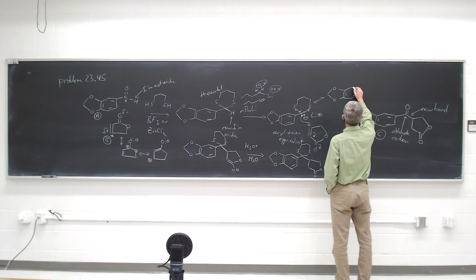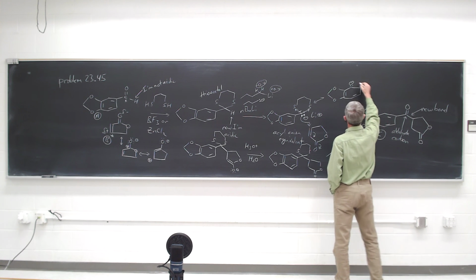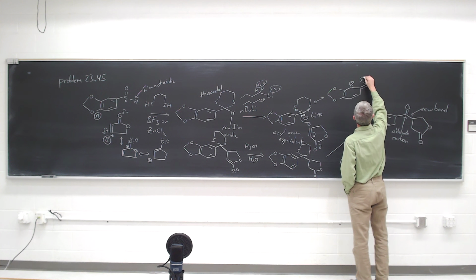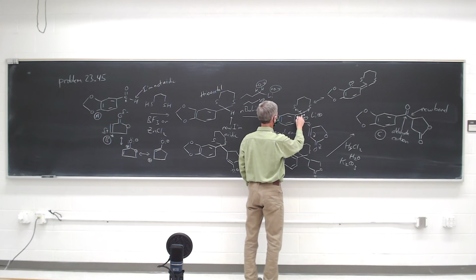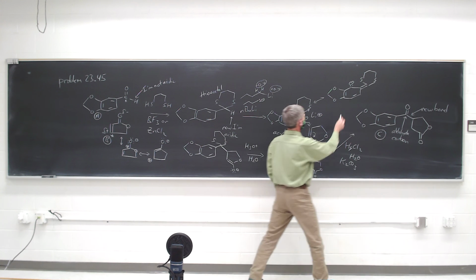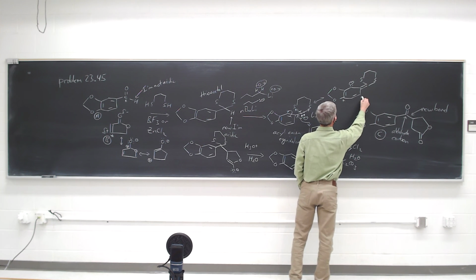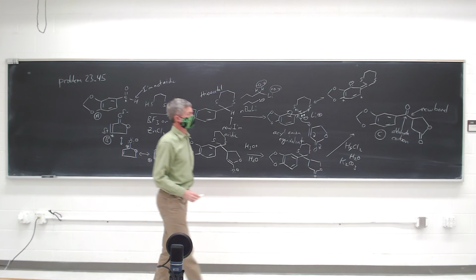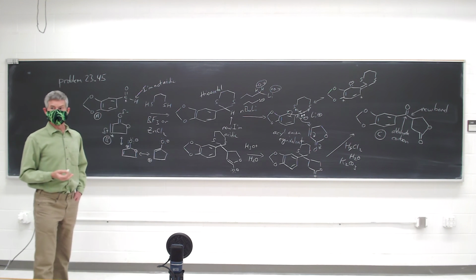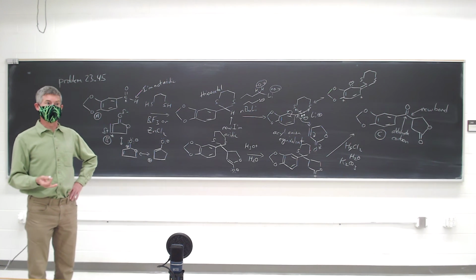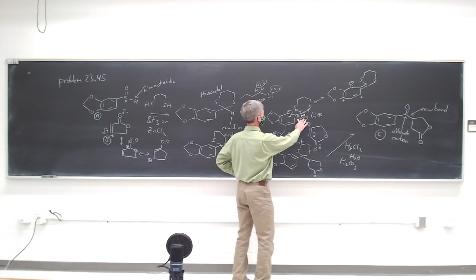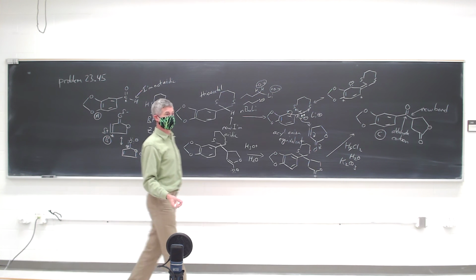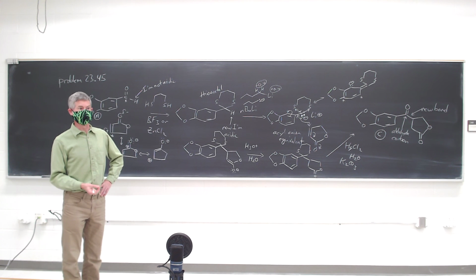You can write a resonance structure with the negative charge here instead, by moving that pair of electrons here, and you can write two more that put the negative charge on those other positions. And that's why hydrogens in benzylic positions are more acidic than hydrogens that are not. So we've got several things that are stabilizing this negative charge, softening it up, and a softer base is going to do a 1,4 addition.